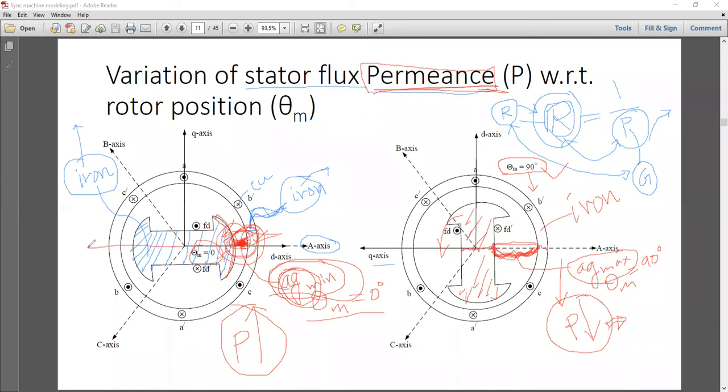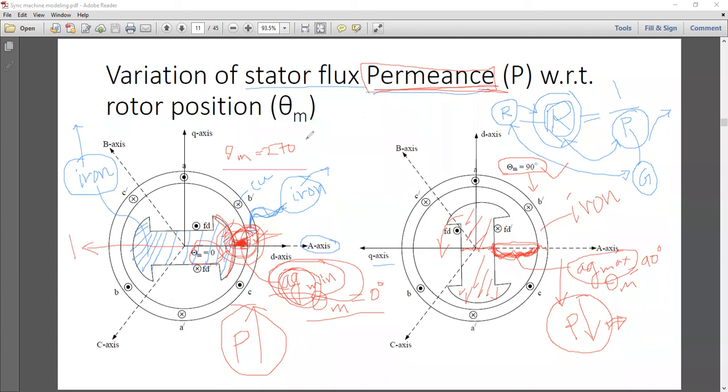Because the d axis will be now here. After another 90 degrees, theta m is how much? 90, 180. So this will be 270, right? When theta m is 270, what are we getting?